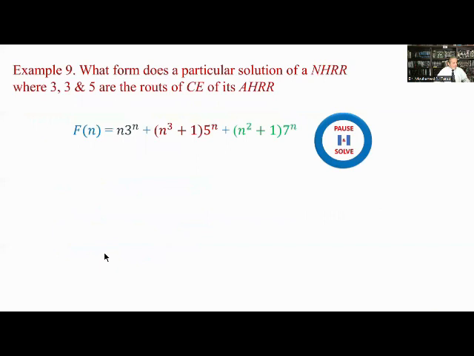Now, your turn again. What form does a particular solution of the non-homogeneous recurrence relation have, where, look at that now, 3, 3, 5 are the roots of the characteristic equation of its associate homogeneous recurrence relation? So pause and solve and see if you get it right.